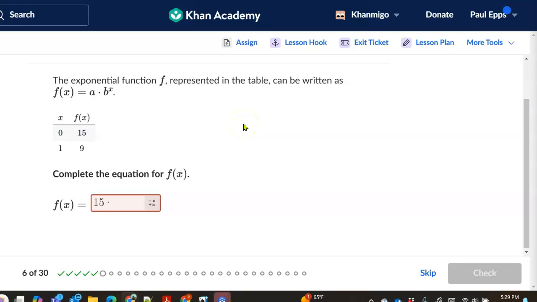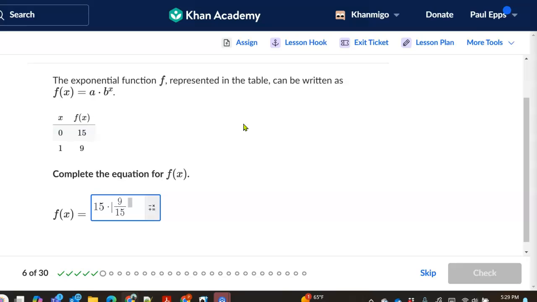I guess the only way to make that work, if x is 1 and we need it to equal 9, is to say 9/15 to the power of x. And x in this case, well, I'm not sure that's doing what I wanted to do.